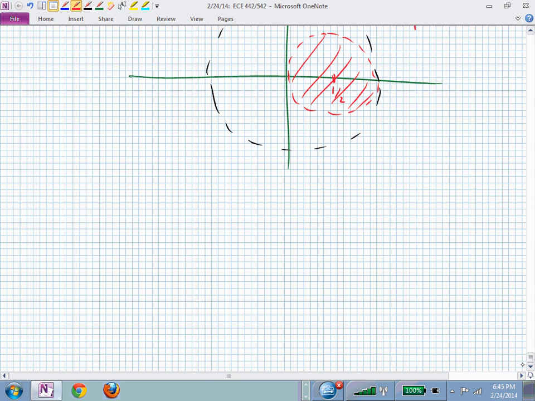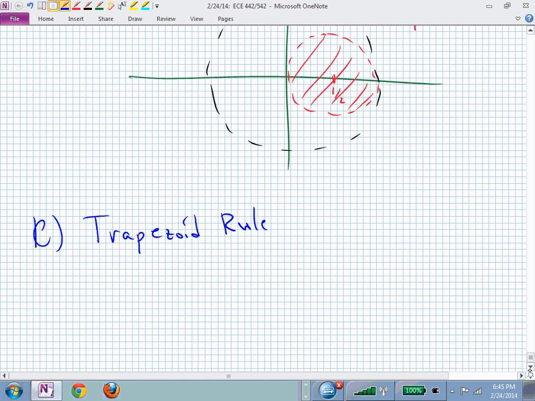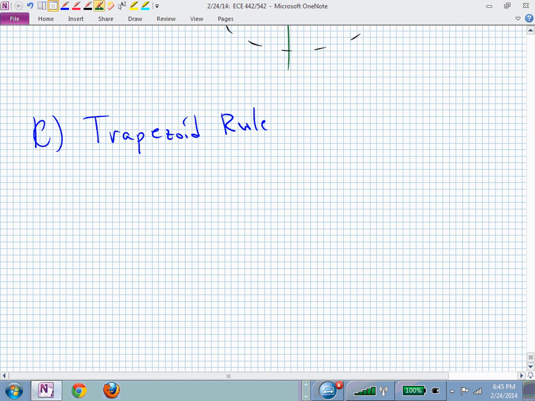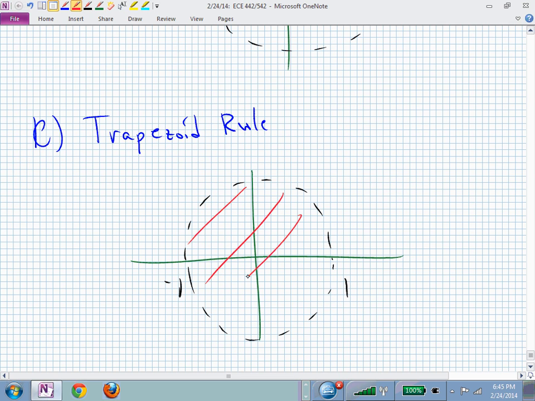The trapezoid rule. Anybody want to guess what it does when you map? There's our unit circle. If you looked at what it does, it maps the stable region into the whole stable region in the z-plane.